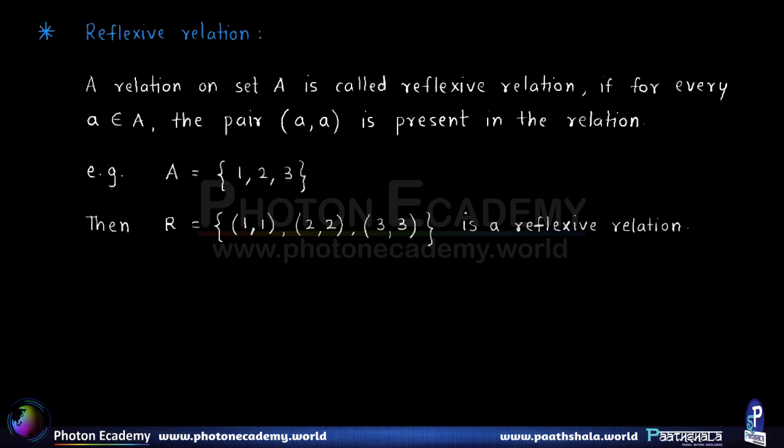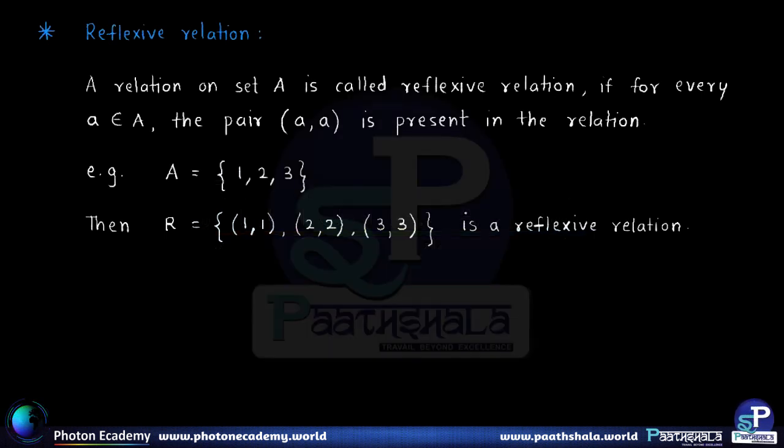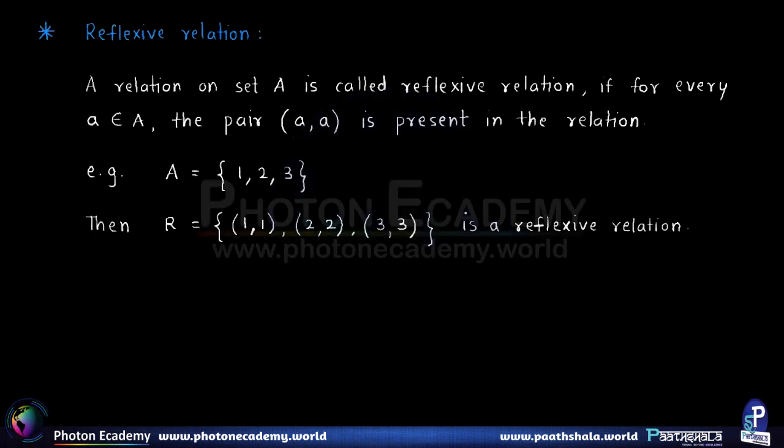Now this pair should be present in the relation, and all such pairs formed from all the elements of the set should be present. So with the remaining elements 2 and 3, we can see that their corresponding pairs (2, 2) and (3, 3) are also present in the relation. Therefore, as per the definition, this relation is a reflexive relation.